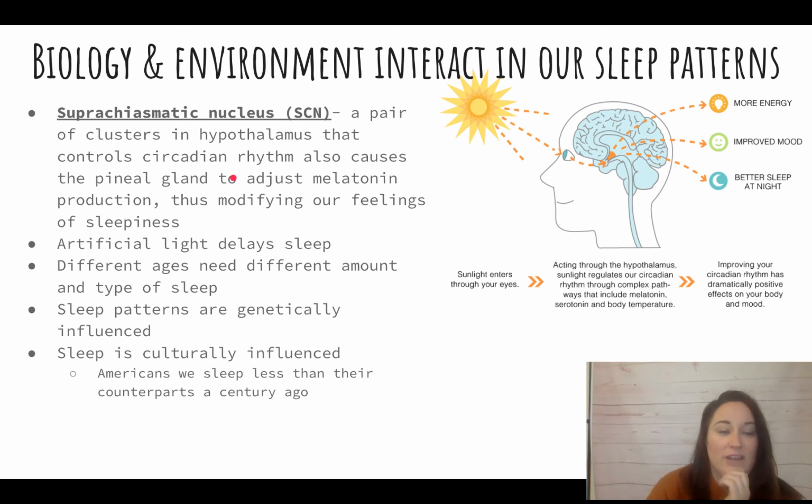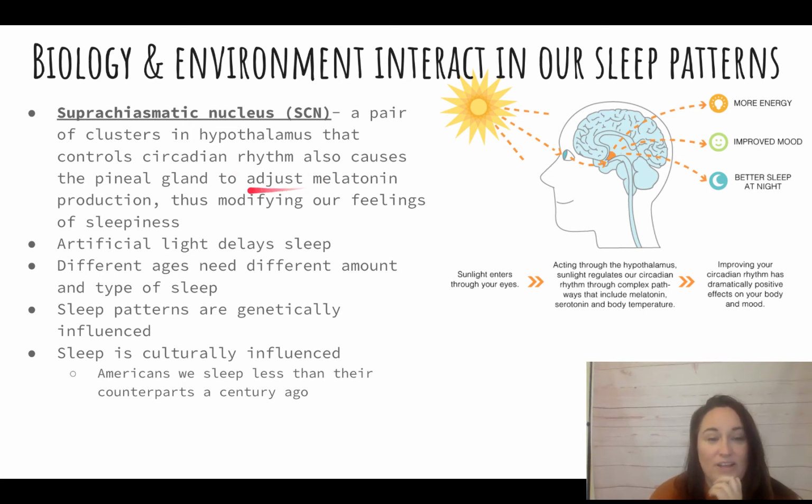It regulates the pineal gland to adjust melatonin production. So it's telling this gland when it is time to start to get sleepy. That's what you need to know. This SCN tells the body when to release melatonin. So it affects our feelings of sleepiness.